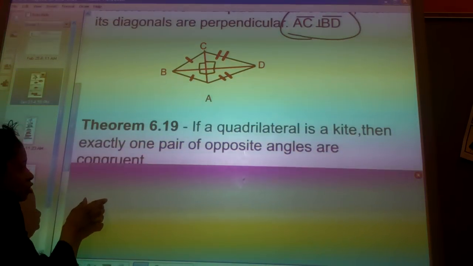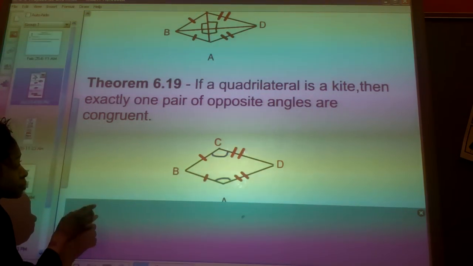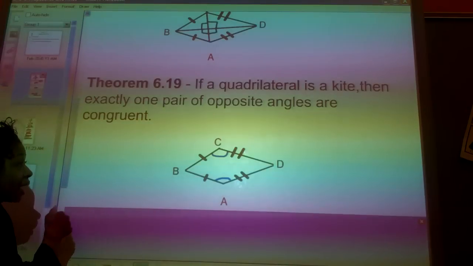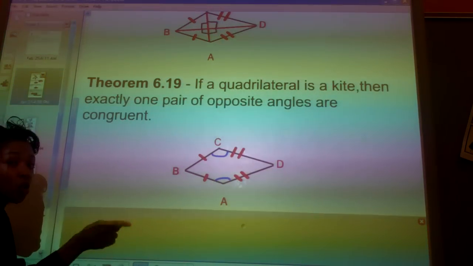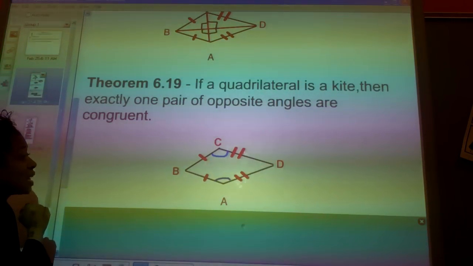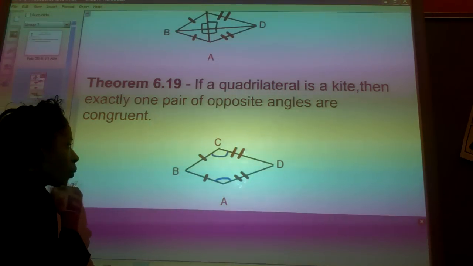Here's theorem 6-19. It says that if a quadrilateral is a kite, then you'll have exactly 1 pair of opposite angles that are congruent, right?